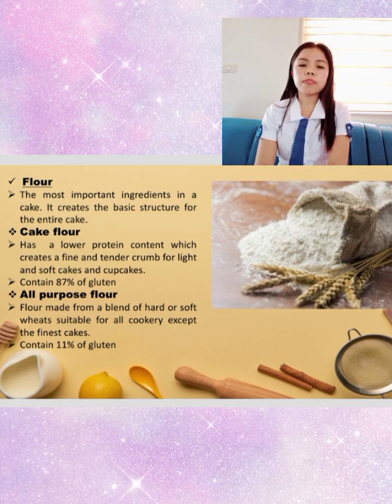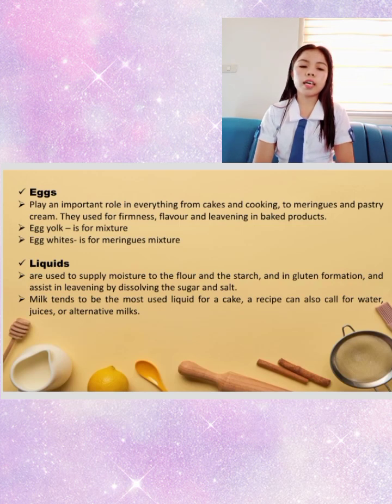And what is cake flour? The cake flour has a lower protein content, which creates a fine and tender crumb for light and soft cakes and cupcakes. And the all-purpose flour is made from a blend of hard and soft wheats suitable for all cookery except the finest cakes.